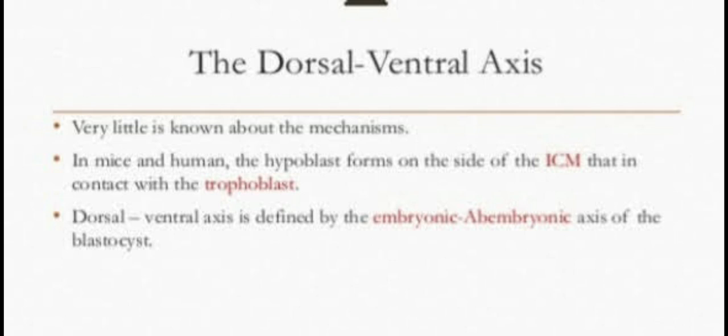The hypoblast forms on the side of the inner cell mass that is exposed to the blastocyst fluid and forms the ventral axis, while the dorsal axis is formed from those inner cell mass cells that are in contact with the trophoblast.